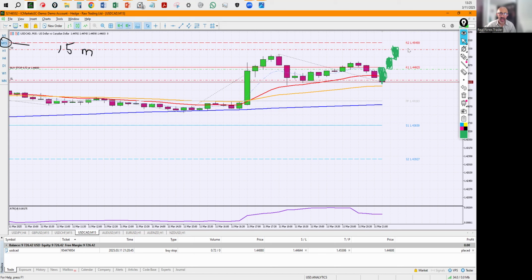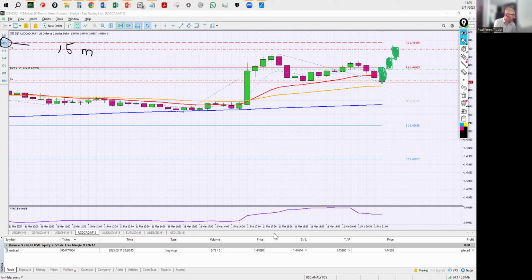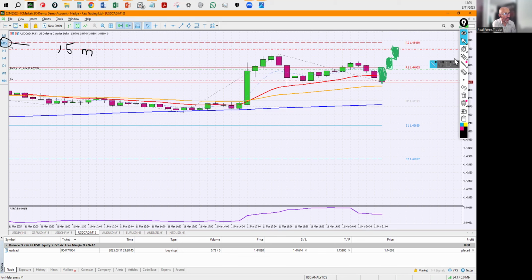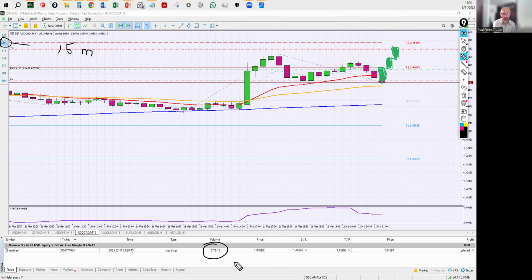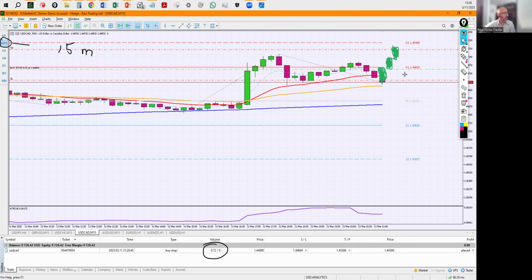Remember something I mentioned before about the calculation of the lots. Here by default my trade was 0.72 lots. Why? Because I already calculated that in a previous session, but it's worth mentioning how it works. You know you're going to risk 24 pips on this trade, and you are trading American dollar, Canadian dollar.